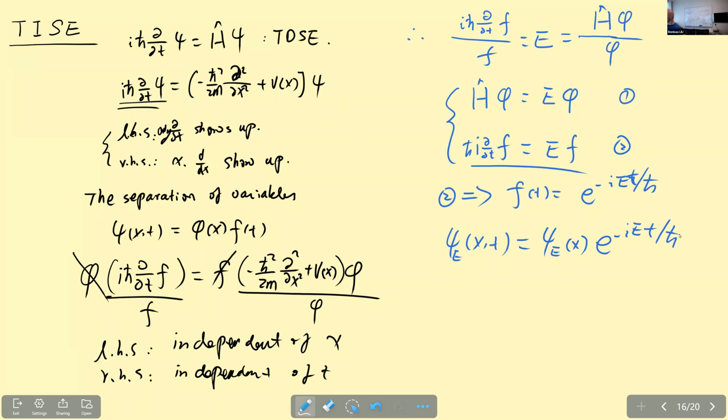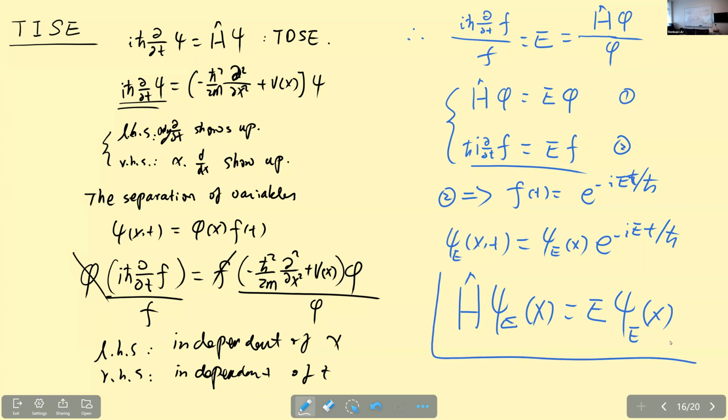Then you get the important equation, and what we need to do is just solve it. This is called the time-independent Schrodinger equation, because the time dependence is already solved. It's just an exponential oscillating factor.